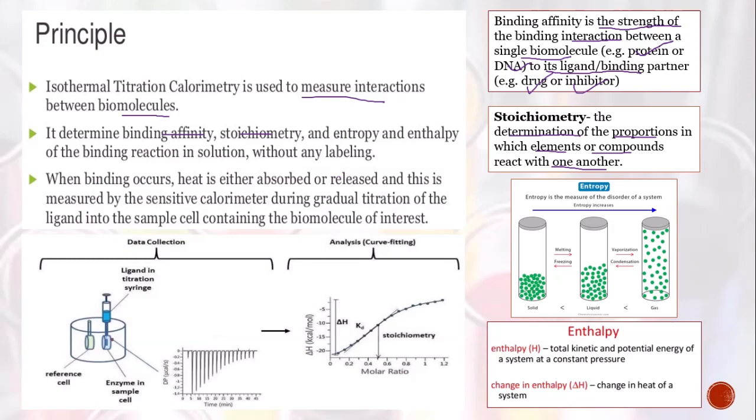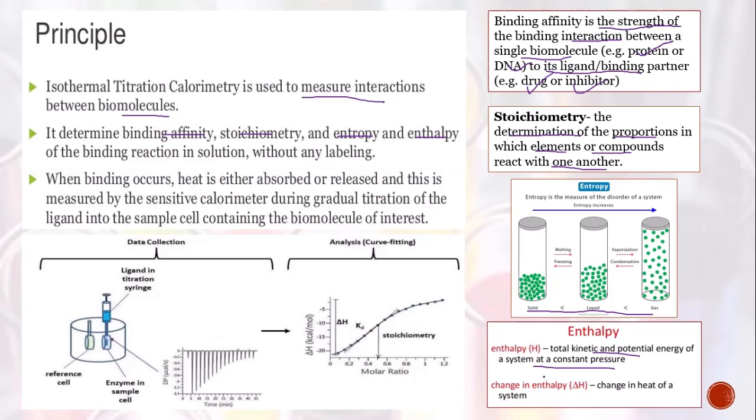Then we can also determine entropy, and entropy is the measure of a disorder of a system. When we have the transition from solid to liquid to gas through processes such as melting, then vaporization, we are increasing entropy because the particles from the solid to liquid to gas become more disordered. And then we can also determine enthalpy. Enthalpy is the total kinetic and potential energy of a system at constant pressure.